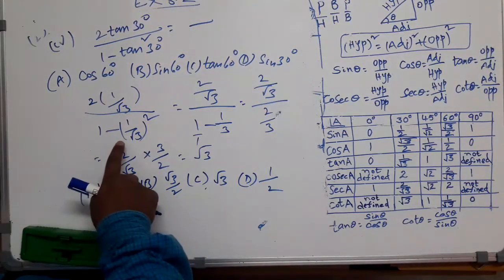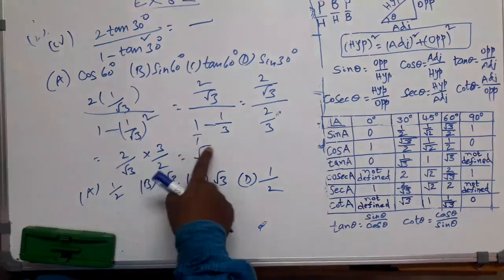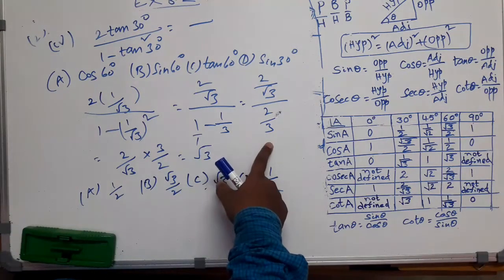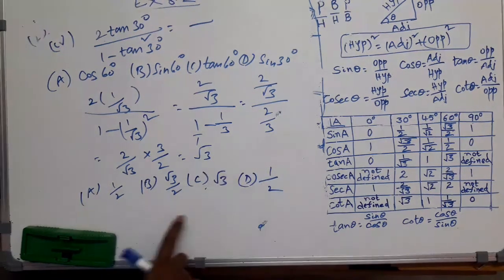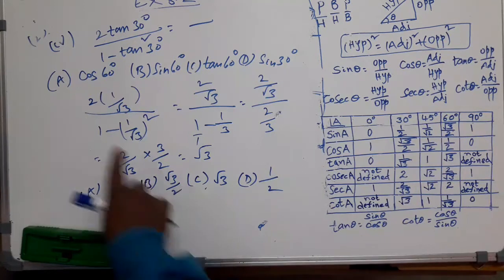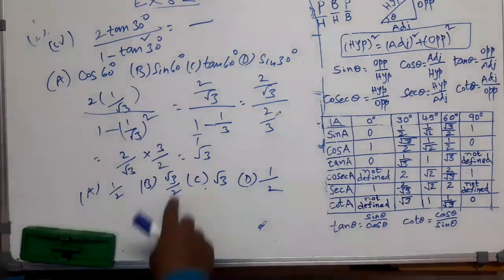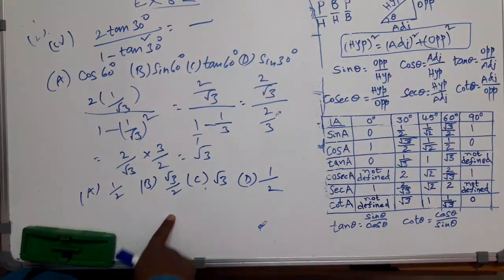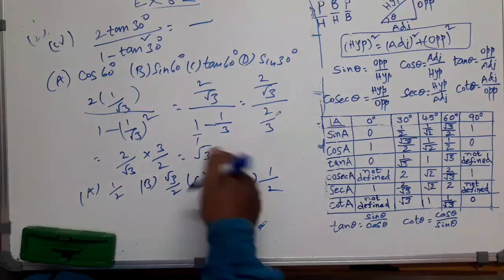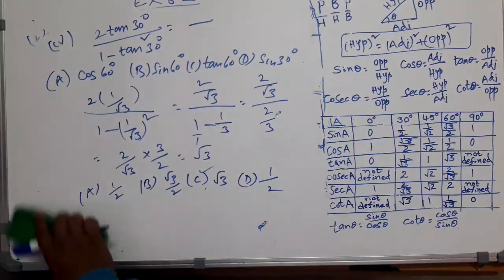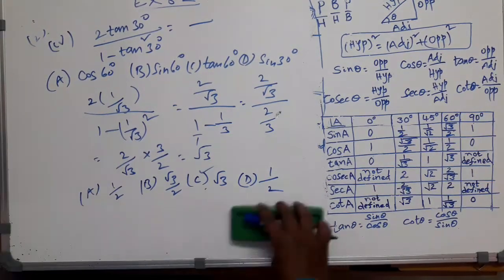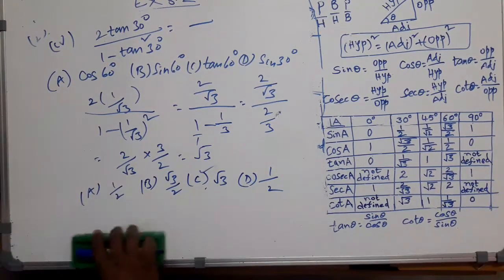This is 1 by root 3, 1 by root 3 whole square, 2 by 3. Correct. Cos 60 is 1 by 2, sin 60 is root 3 by 2, tan 60 is root 3. So your answer is option C.